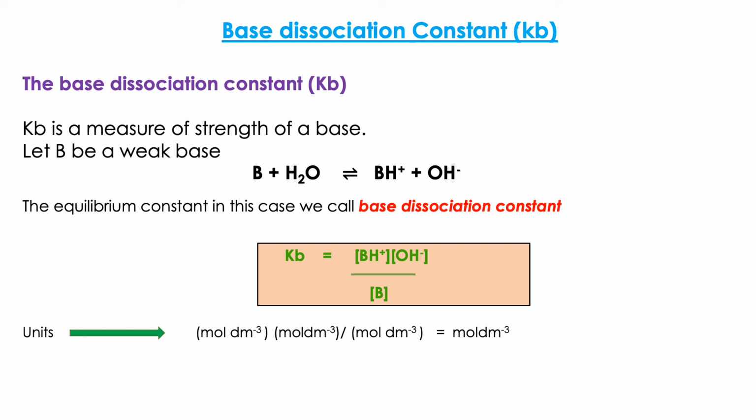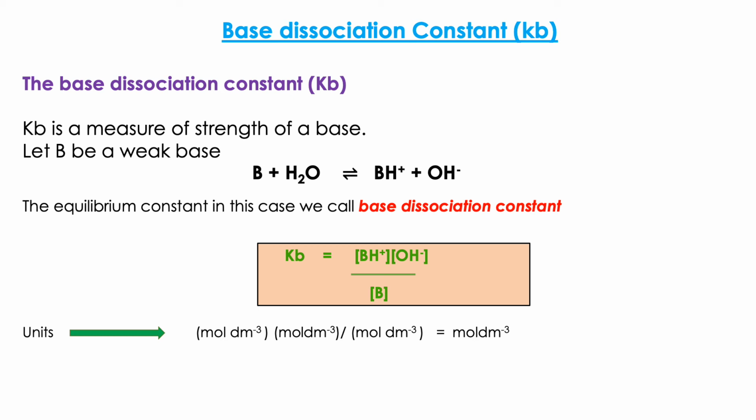The equilibrium constant in this case, which we call the base dissociation constant Kb, is given by the concentration of the products divided by the concentration of the reactants, which is equal to the concentration of BH plus times the concentration of OH minus divided by the concentration of the base B.